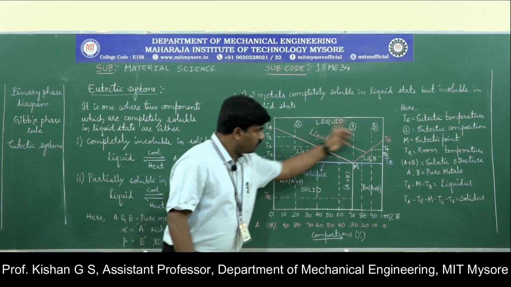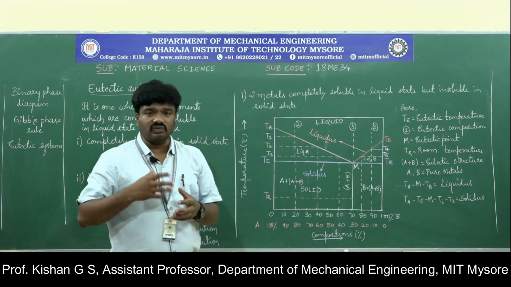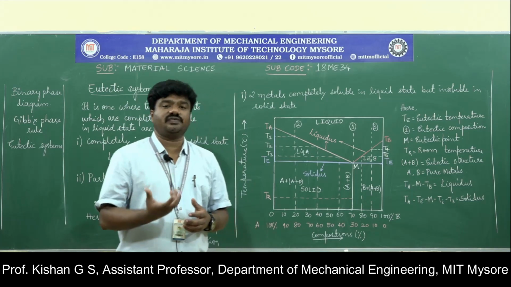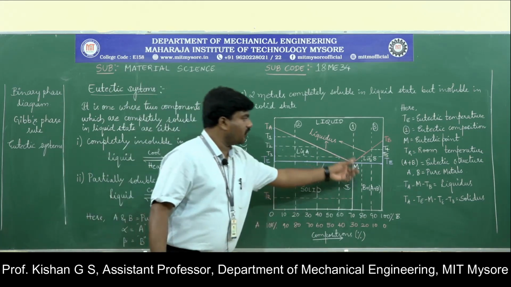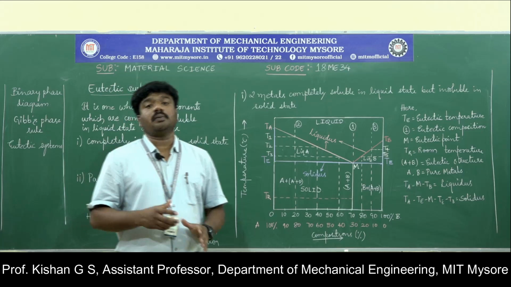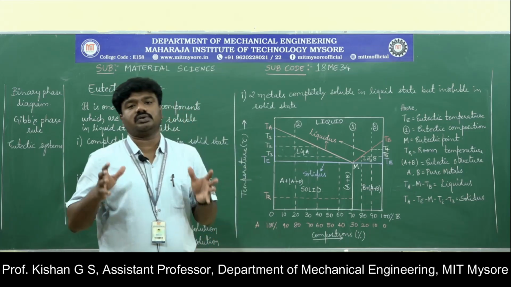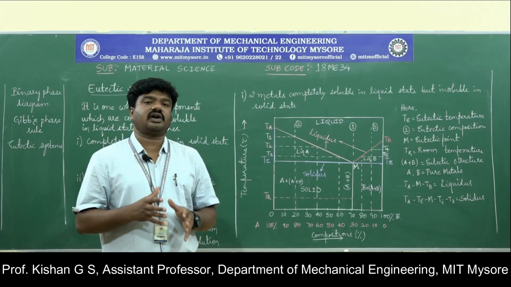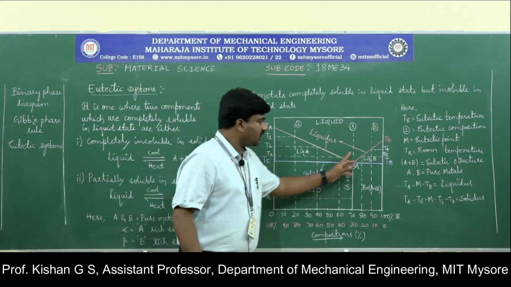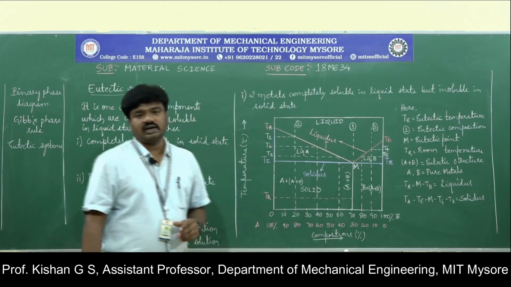In the liquid state, both the metals are mixed. Whereas once we consider the solidification process, at a particular point both the metals will be completely insoluble. They are not going to merge together, and that point is considered to be the eutectic point, capital letter M.